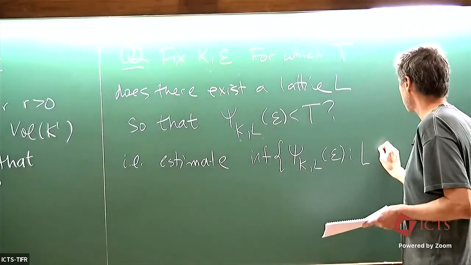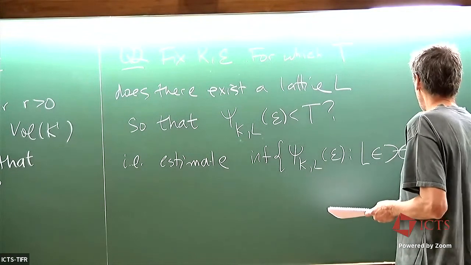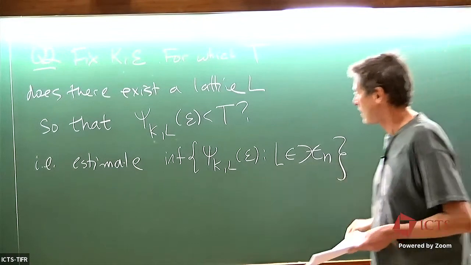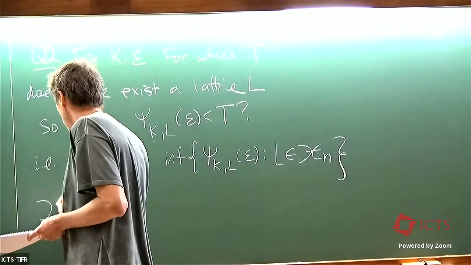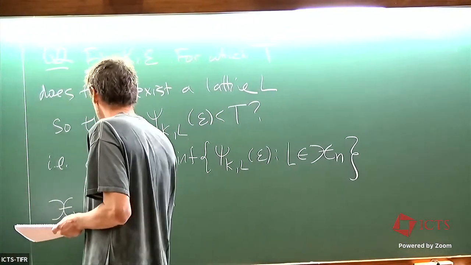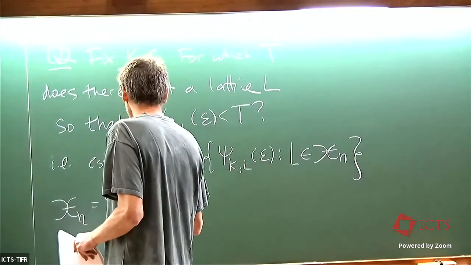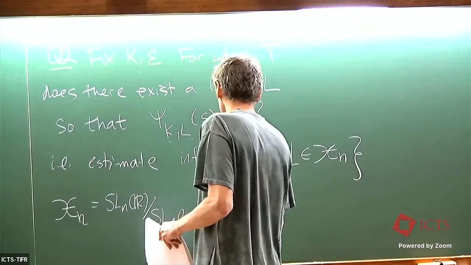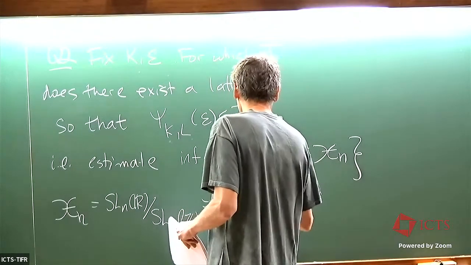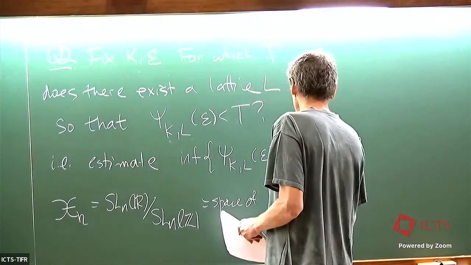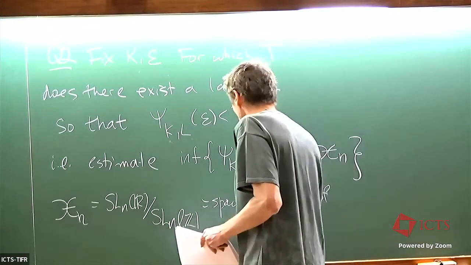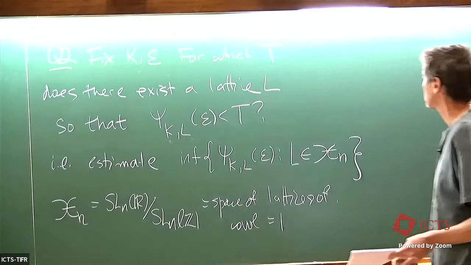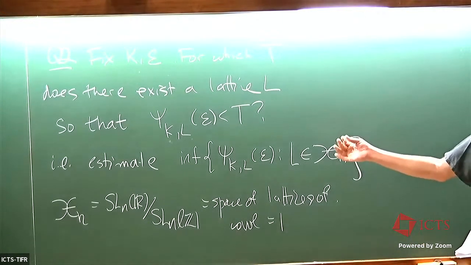And as I said, we don't really care about L up to dilation, so we can allow it to vary in the set, which I want to call curly X_n. This is SL_n(R) over SL_n(Z), the space of lattices of volume 1. Okay, so this is basically the question that I'm asking you.